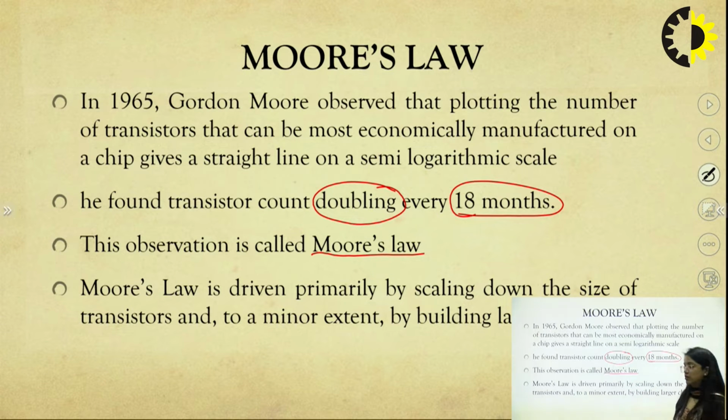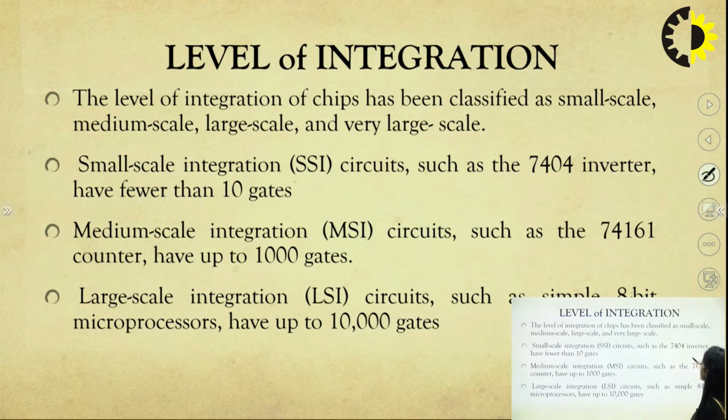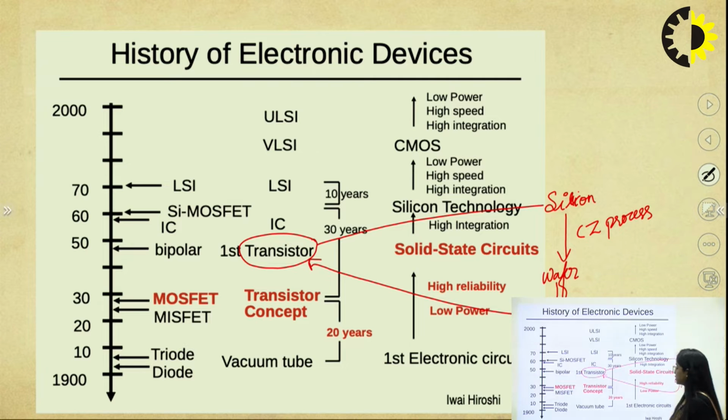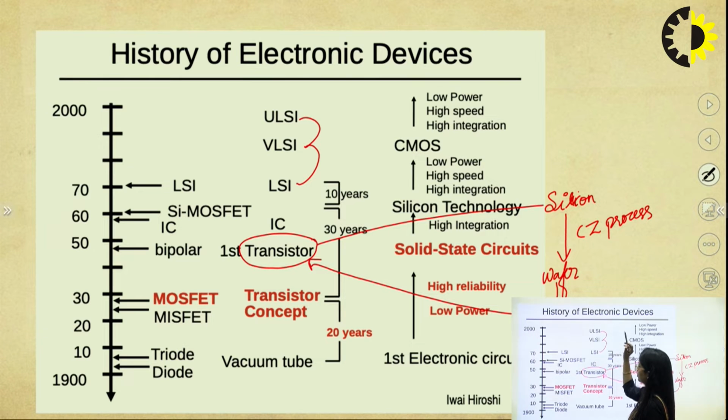Moore's law is driven primarily by scaling down the size of transistors, and to a minor extent by building larger chips. The level of integration we have seen in the previous slide has switched from large scale to very large scale to ultra large scale.